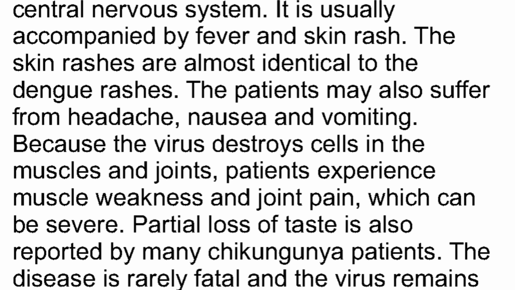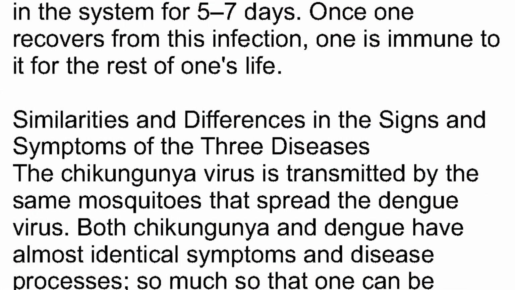Because the virus destroys cells in the muscles and joints, patients experience muscle weakness and joint pain, which can be severe. Partial loss of taste is also reported by many chikungunya patients. The disease is rarely fatal, and the virus remains in the system for 5 to 7 days. Once one recovers from this infection, one is immune to it for the rest of one's life.